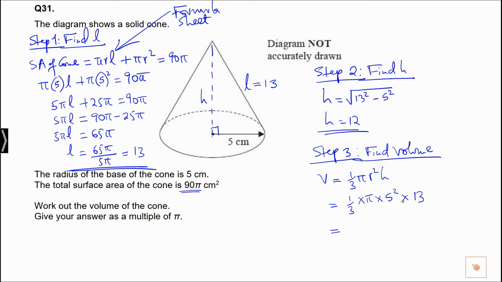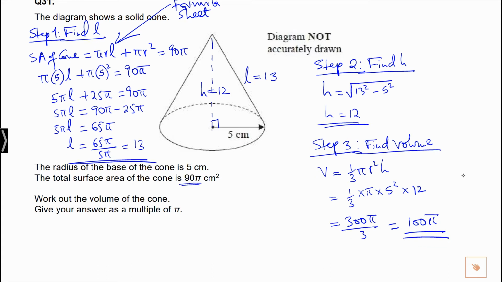Oops, sorry, the height is 12. My apologies. Here the height is 12. So 5 squared is 25, and 25 multiplied by 12 is 300. So 300 pi over 3 is the same as 100 pi. And that will be our final solution. So the volume is just 100 pi.